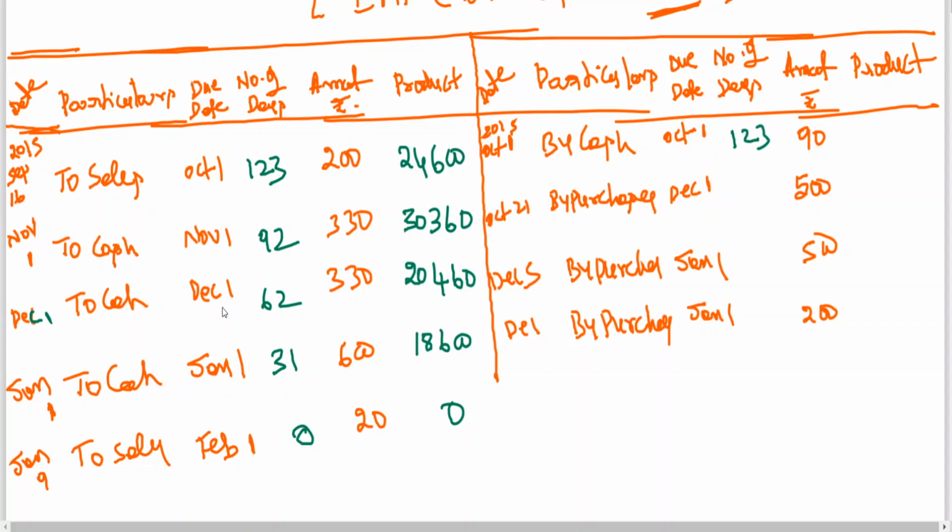Here I already calculated the December 1st date. I can be smart enough in using it. For January 1st, 31, I should not keep on calculating again, because we got the due date already. Calculate the number of days, and you will get the same.